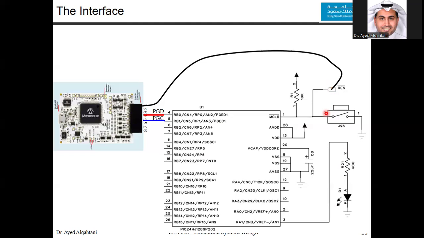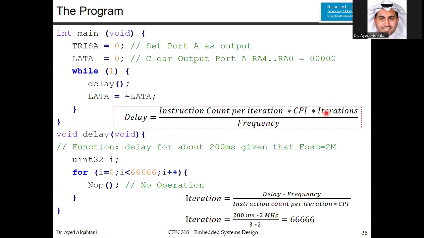Now, how to write the program? We said that we will use the C language to write our program, and we will use the MPLAB IDE. Now, the program that we are going to write to do the job that we described, which is toggling the LED every 200 milliseconds, is this one. We have the main method, and we have a delay function.